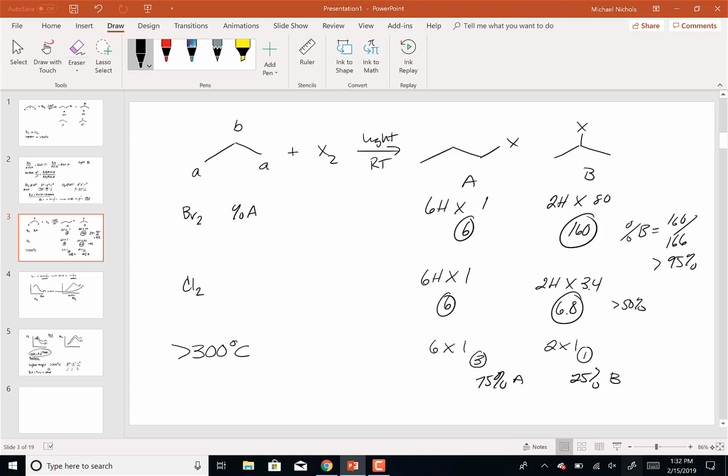And that's the best I can do for A. I can't get it any higher than 75%. If I want B, I can get it to 95%. But if I want A, if I want the primary radical, that's the best I can do, 75-25.